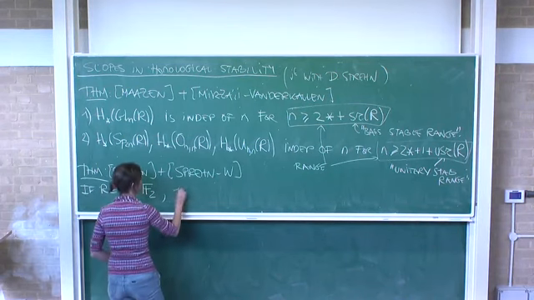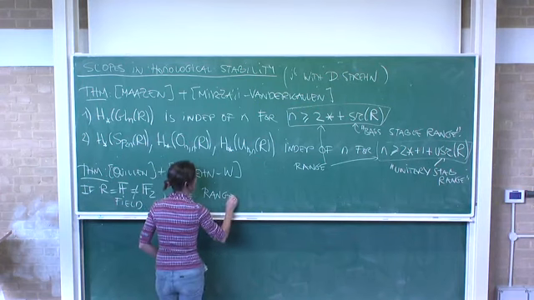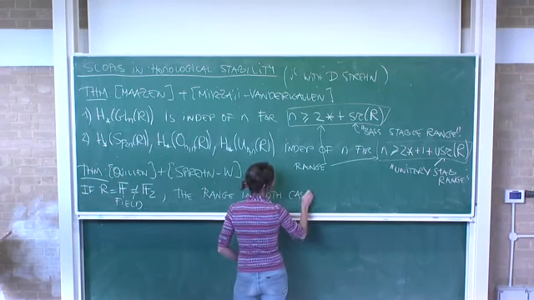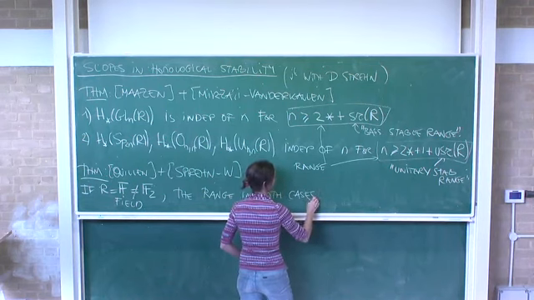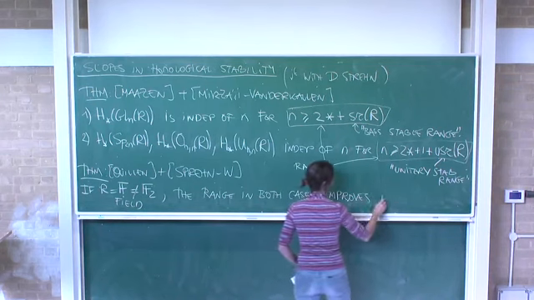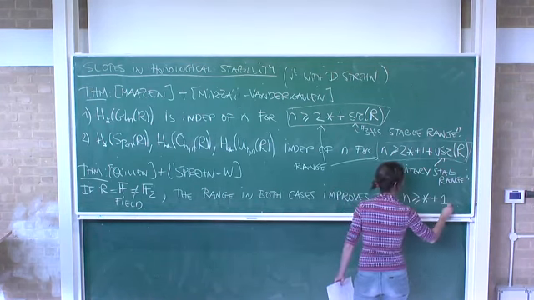Then the range in both cases improves to N at least star plus 1.